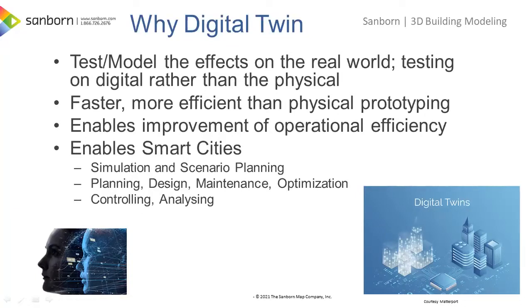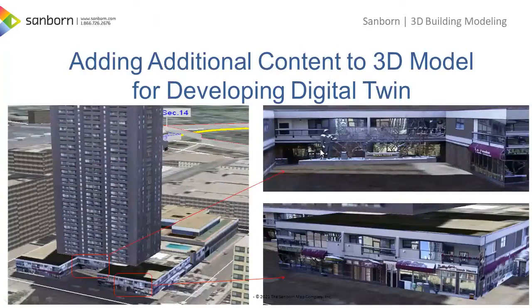Now it's enabling us to build smart cities. So we could have simulation and scenario planning. We could design, maintain, optimize the way our cities work, controlling and analyzing the environment and everything within it.